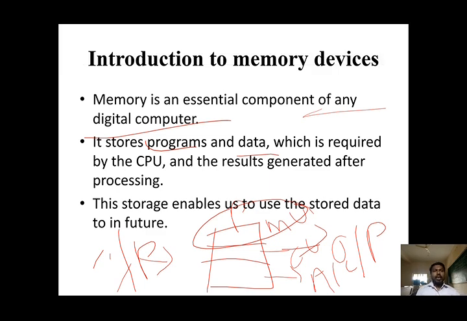So in the introduction to memory devices, the first point is that memory is an essential component in any digital computer, and it stores programs and data which are required by the CPU, which means it has to process. After the process, the result is generated. The result also must be stored. Next, this storage enables us to use the stored data in the future.